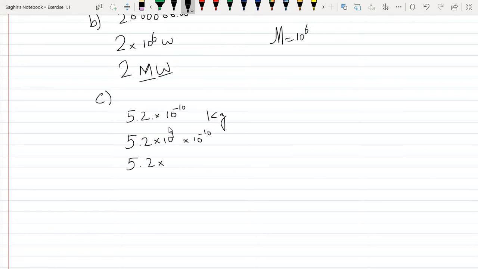Bases are same and multiplying, powers will be added, 1 minus 10. Here I get 5.2 multiplied by 10 raised to power minus 9 kg.